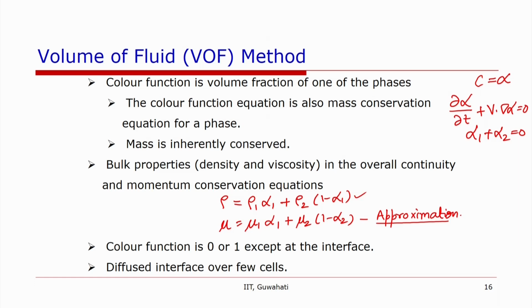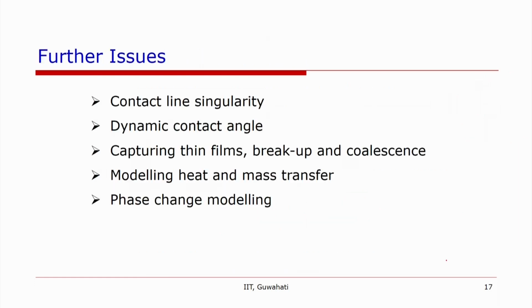So, you can see that except at the interface, rho is equal to rho 1 where alpha 1 is equal to 1, and rho is equal to rho 2 when alpha 1 is equal to 0. This is about the interface capturing methods.